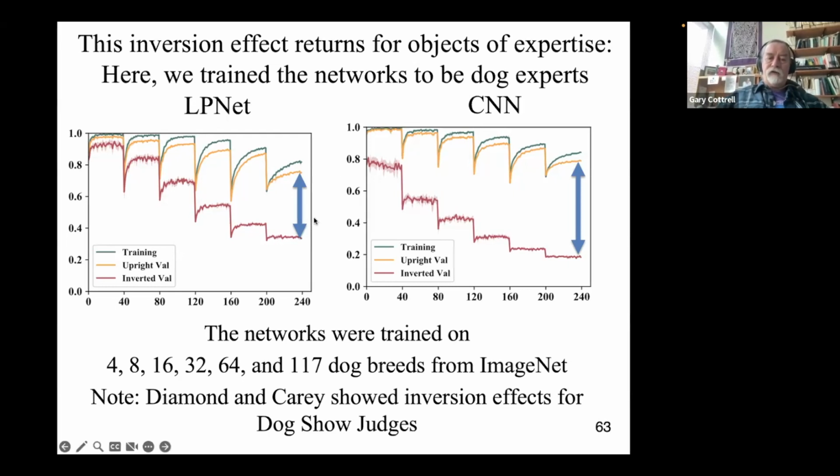And notice that LPNet again shows that the inversion effect gets bigger the more dog breeds it learns. And the CNN again is much worse. These are significant differences. You don't need statistics to see that.